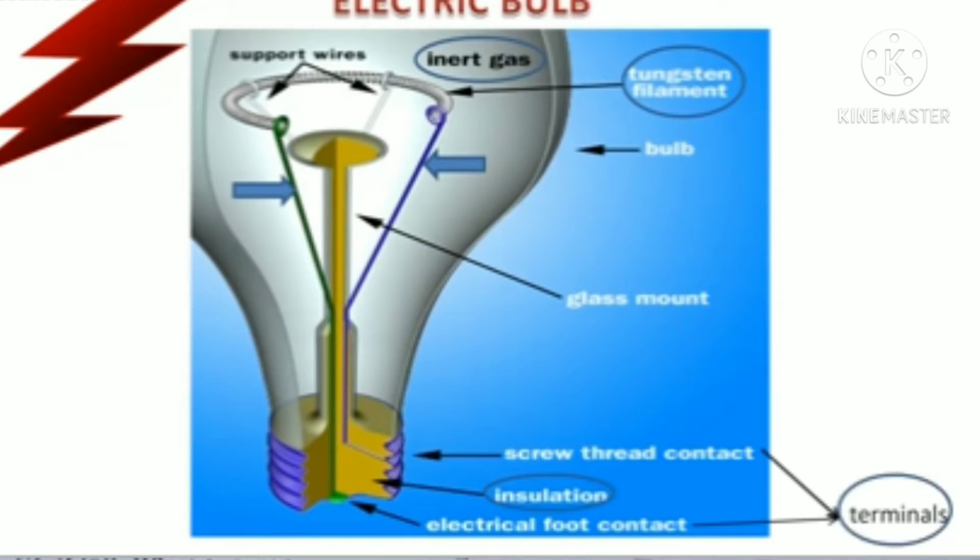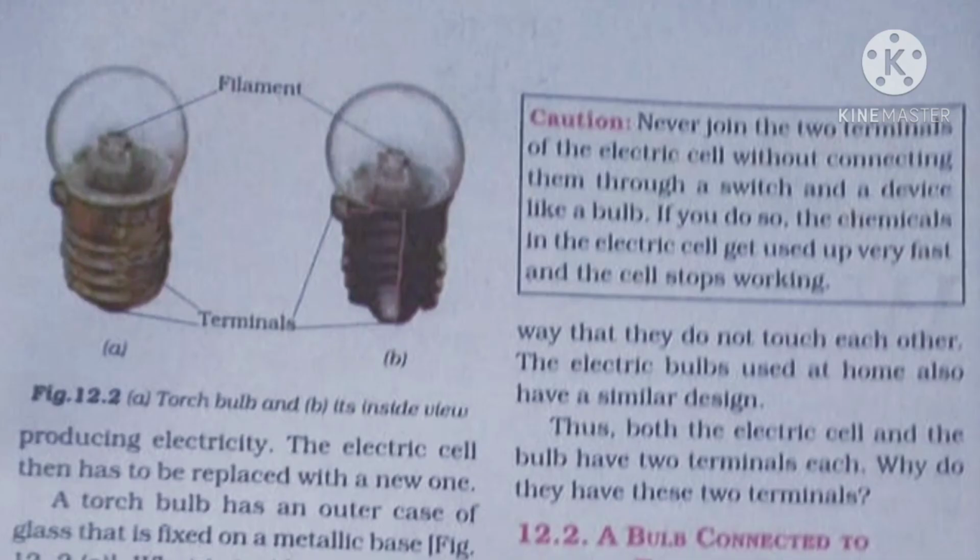Inside the bulb there is a gas which is known as inert gas. This is a non-reactive gas, means it does not react with air or the oxygen. Thus, both the electric cell and the bulb have two terminals each. Children, the bulb and the cell which you see at your home also have a similar design.